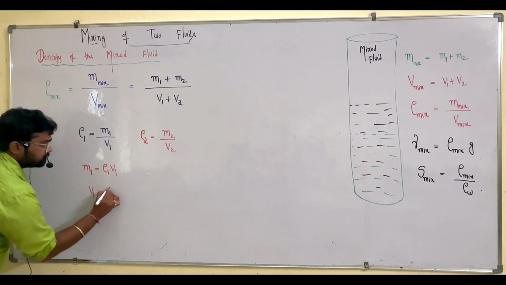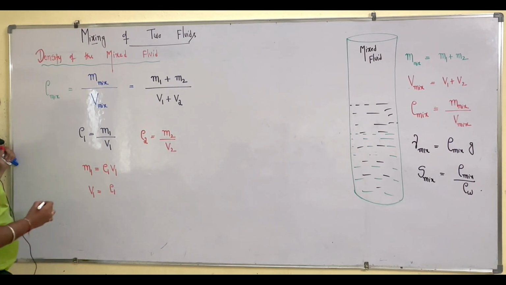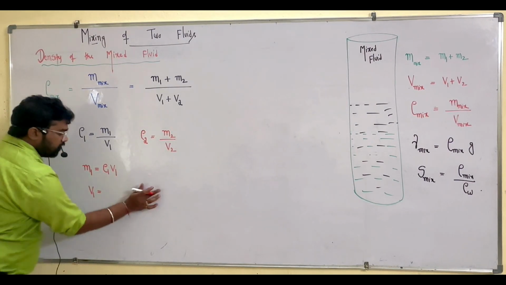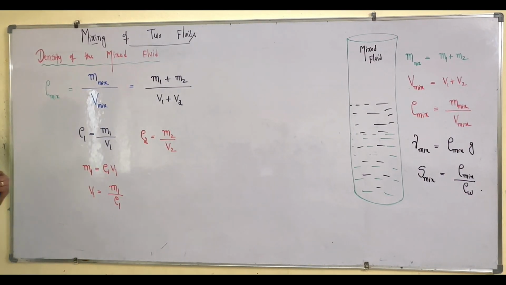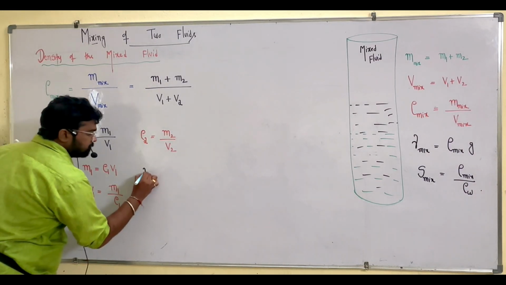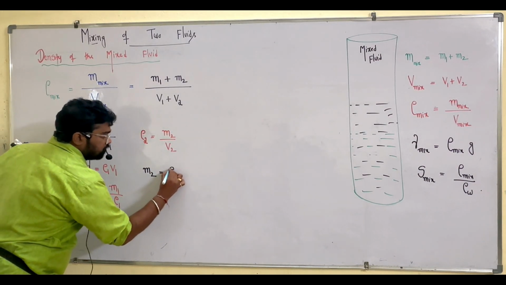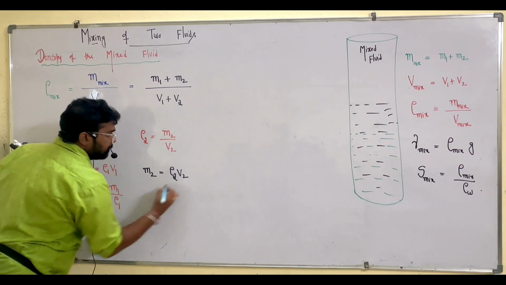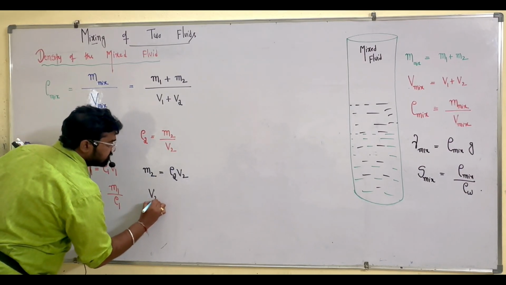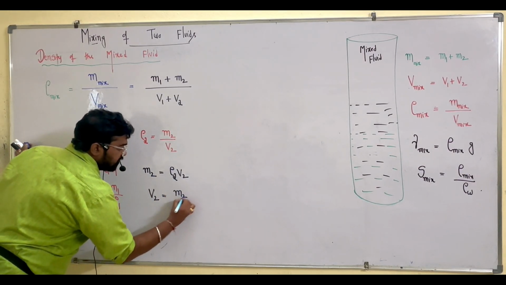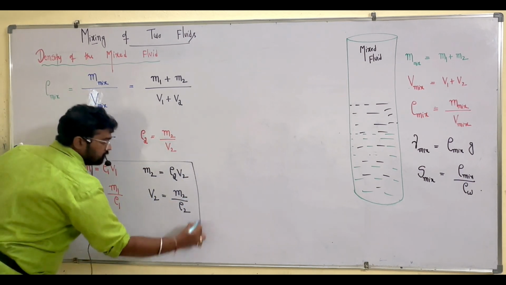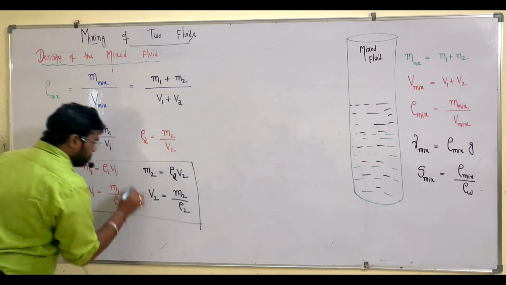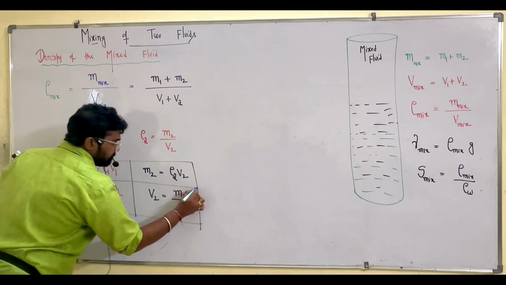And V1 can be written as M1 by rho 1. Understood? Then M2 can be written as rho 2 V2, and V2 as M2 by rho 2. Clear?